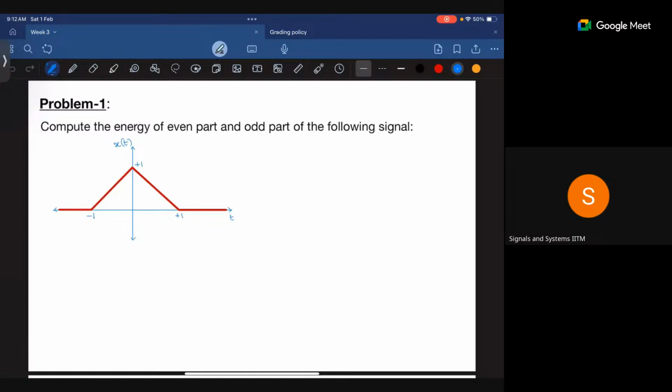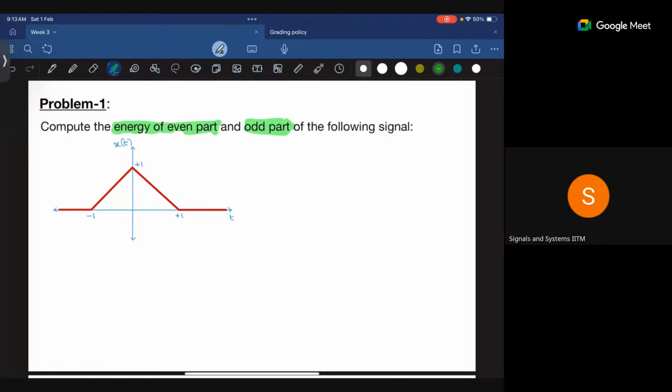What we have to do in this problem is compute the energy of the even part and odd part of the following signal. Okay, it's not the energy of this signal; rather you are asked to compute the energy of the even part of the signal and the energy of the odd part of the signal.